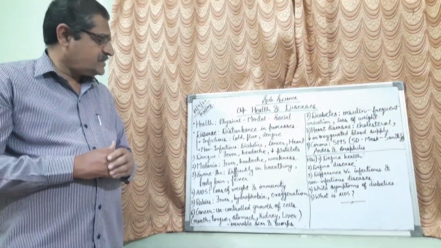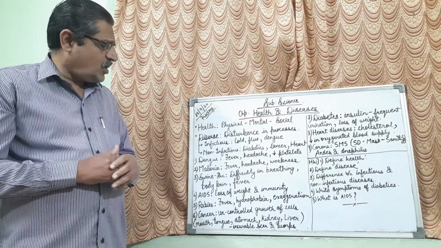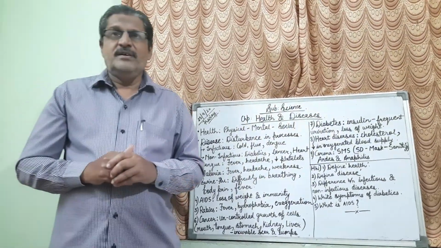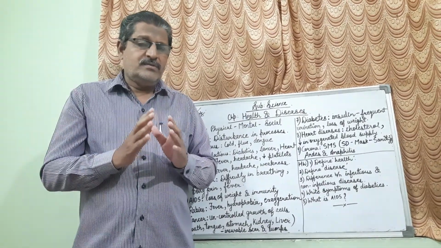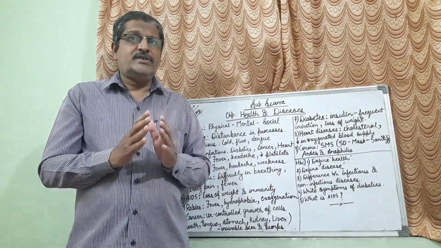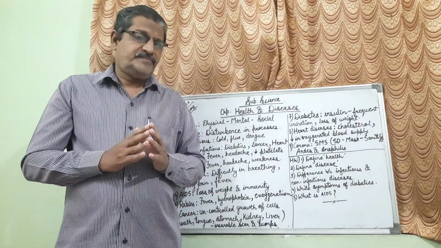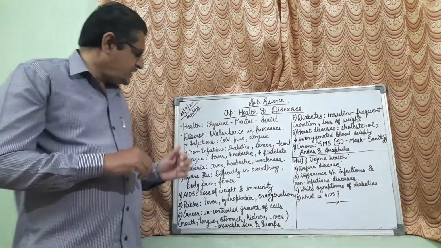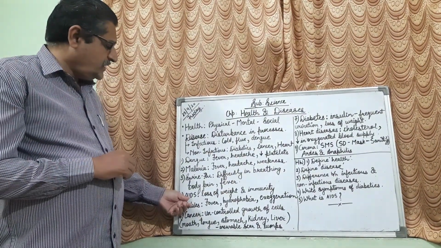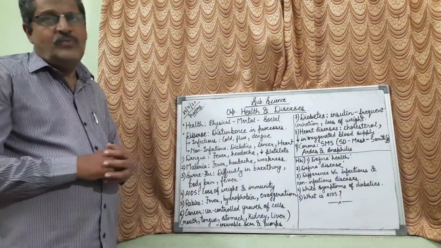In AIDS, the symptoms are loss of weight and loss of immunity. Now I would like to give you total information about AIDS. What is AIDS? What is its long form? AIDS means acquired immune deficiency syndrome.